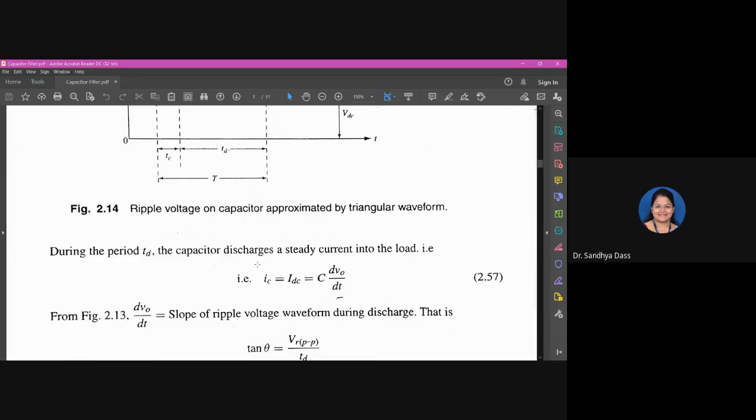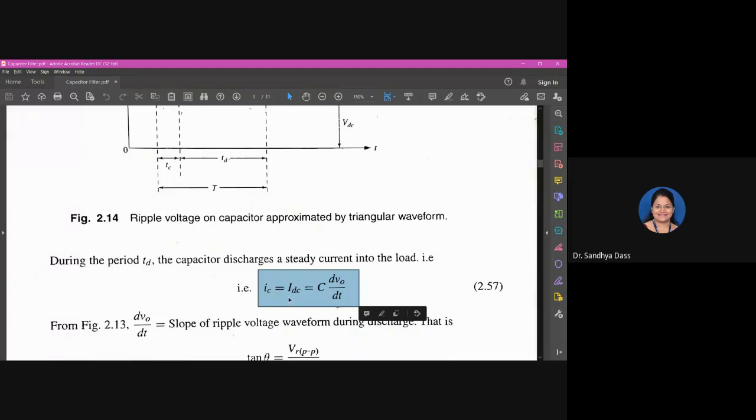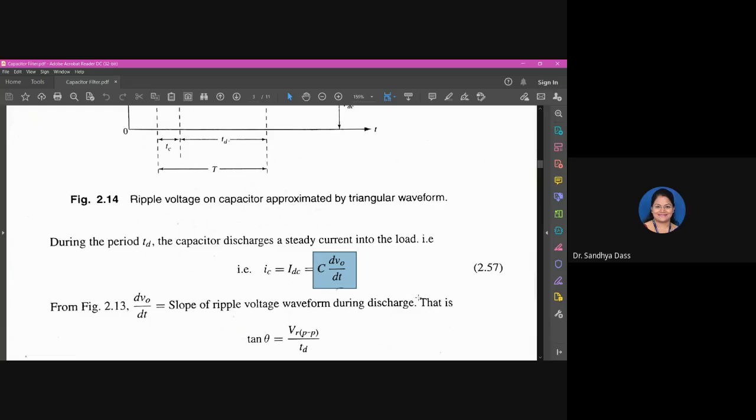So the capacitor current IC, or in other words IDC, which is your output current, can be written as C into dV0 by dt, since the voltage is continuously varying across the capacitor.